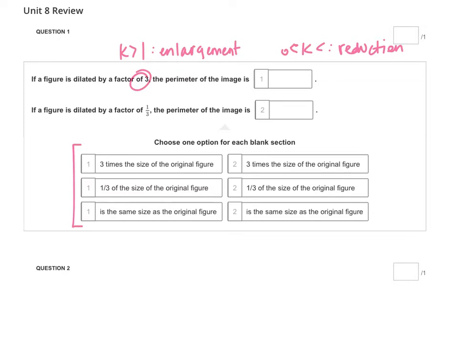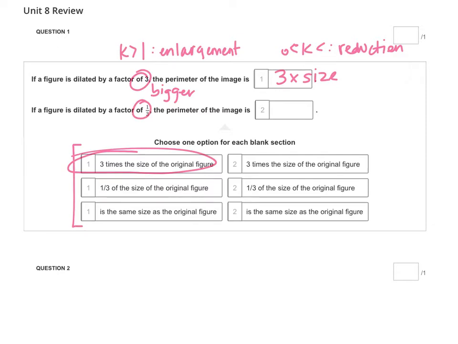So dilated by a factor of 3, that means we're going to get bigger. Okay, so we are going to triple the size of our perimeter, or make it 3 times the size of the original figure. So 3 times the size. Okay, and then for the second one, if a figure is dilated by a factor of 1/3, the perimeter of the image is going to be what?